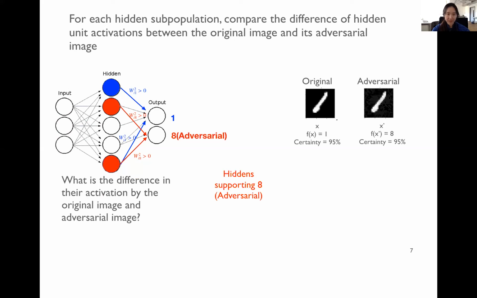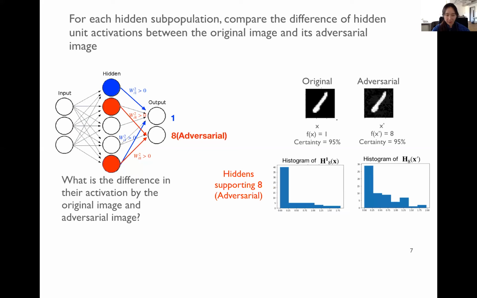For the hiddens supporting the adversarial class, when we plot the histogram of their activities, when the input is the original image, their activity seems to be sparser than when the input is an adversarial image. So it seems like from the original image to the adversarial image, their activations become denser.